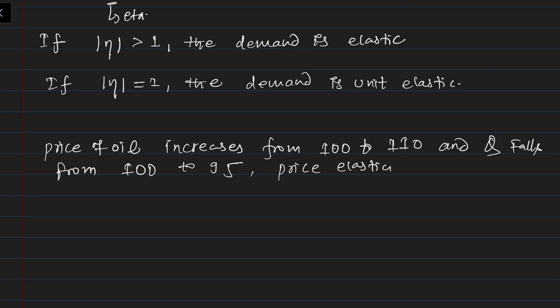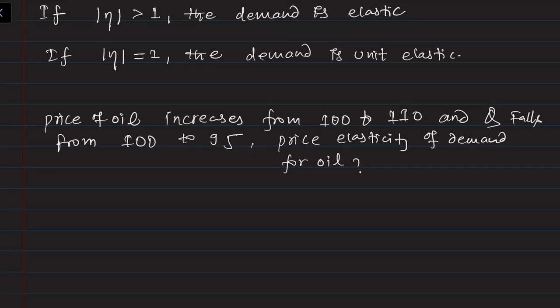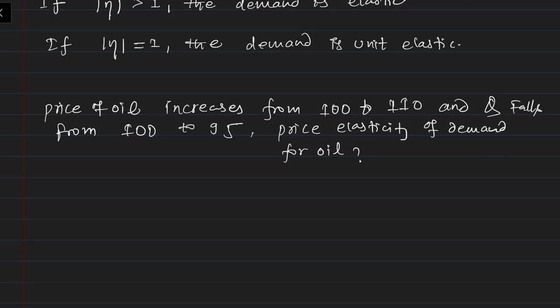Then the question is, what is the price elasticity of demand for oil? Okay, so we go by definition. Elasticity is the percentage change in quantity demanded divided by the percentage change in price. So what is the percentage change in quantity demanded?